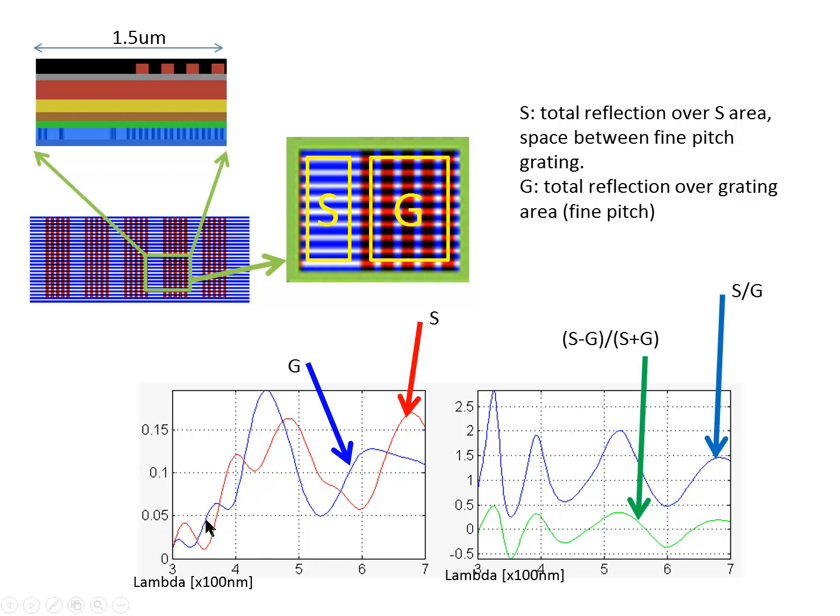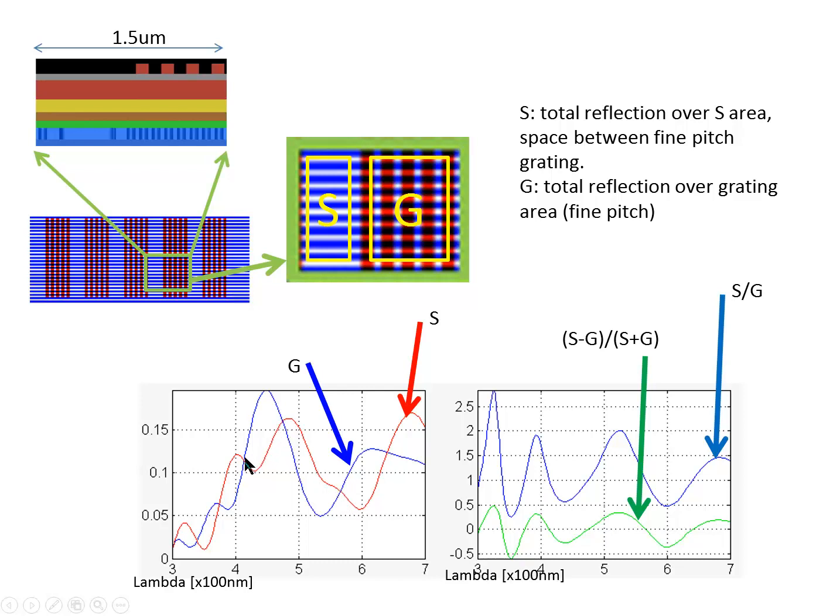So if this is the total energy of S and G, the blue one, and we extract the ratio, you see here the ratio S over G, where 1 is found here, here and here. It means they have the same energy, like here, here, here, and so on.